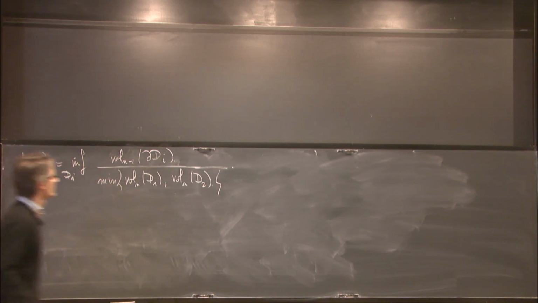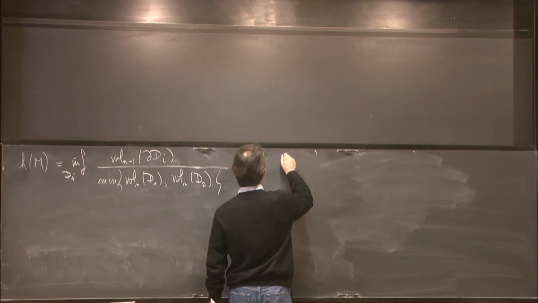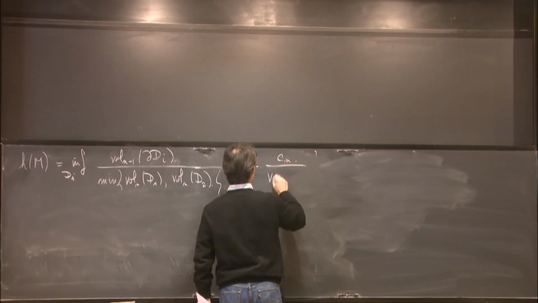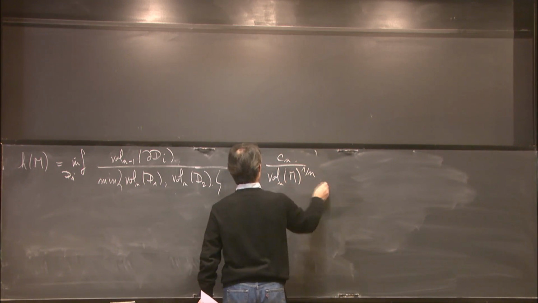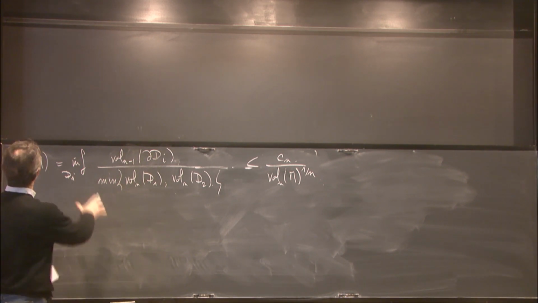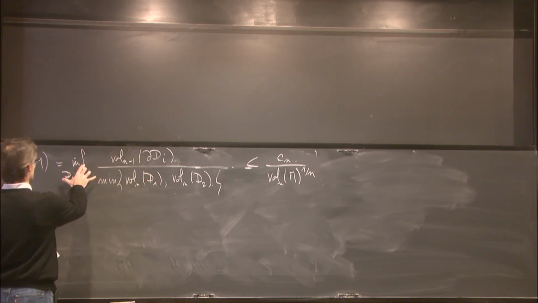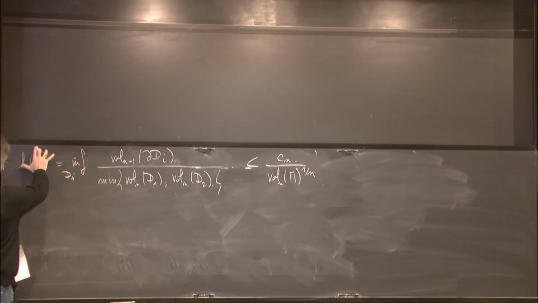We know that under the curvature assumption we have this upper bound, and say you get a splitting that almost realizes the Cheeger constant.